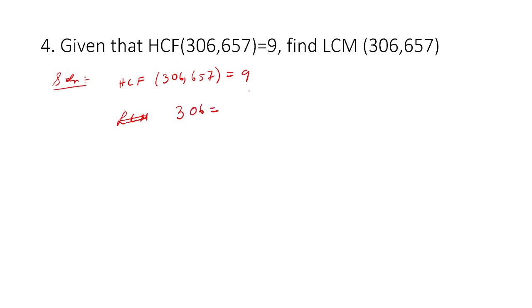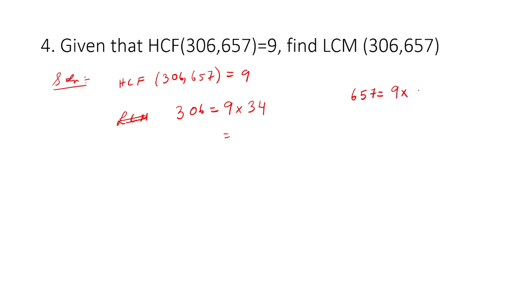Since 9 is the common factor, you can always multiply with 9. 9 times 34 gives you 306. In the same case, 657. Obviously 9 is not a prime factor, but we use 9 in order to make it easier for us.